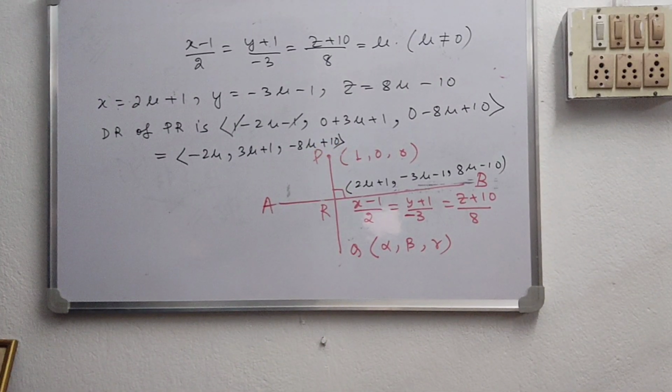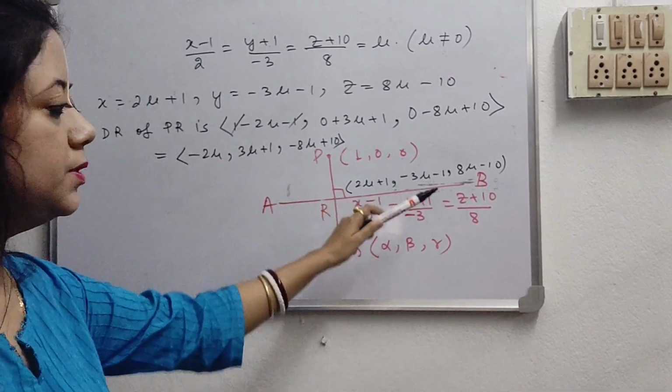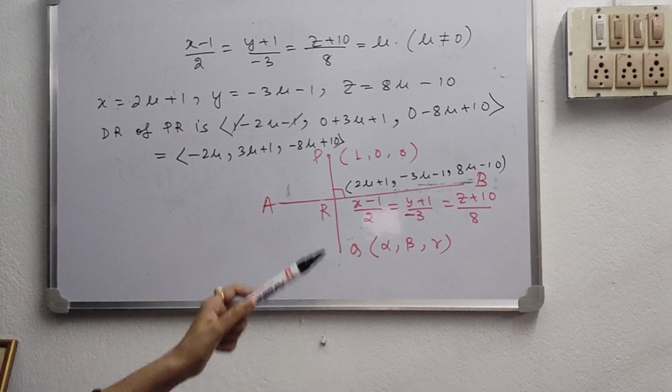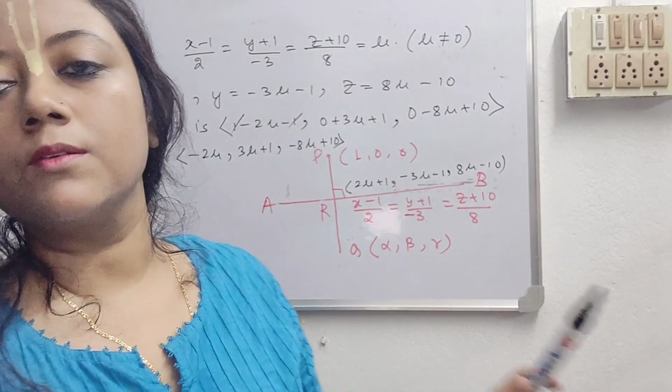So these are the direction ratios of PR. Now you see PR and AB are perpendicular to each other.